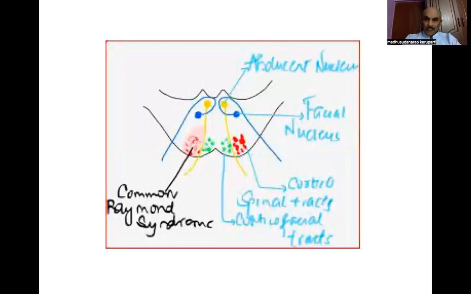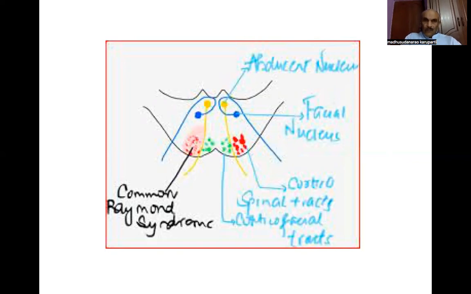Let us see some of the pictures. This is the common Raymond syndrome. The lesion is somewhere in the ventromedial part of the pons. This is the lesion. It is involving the fibers of the sixth nerve.